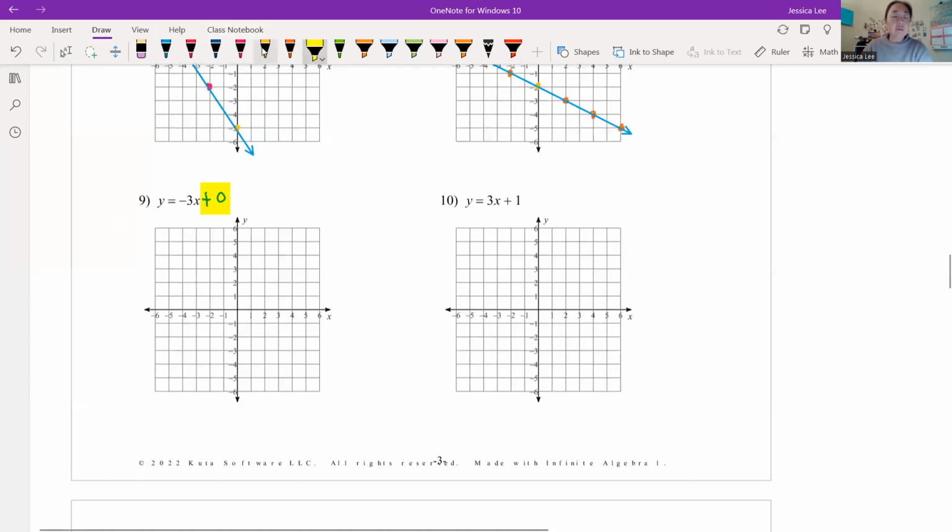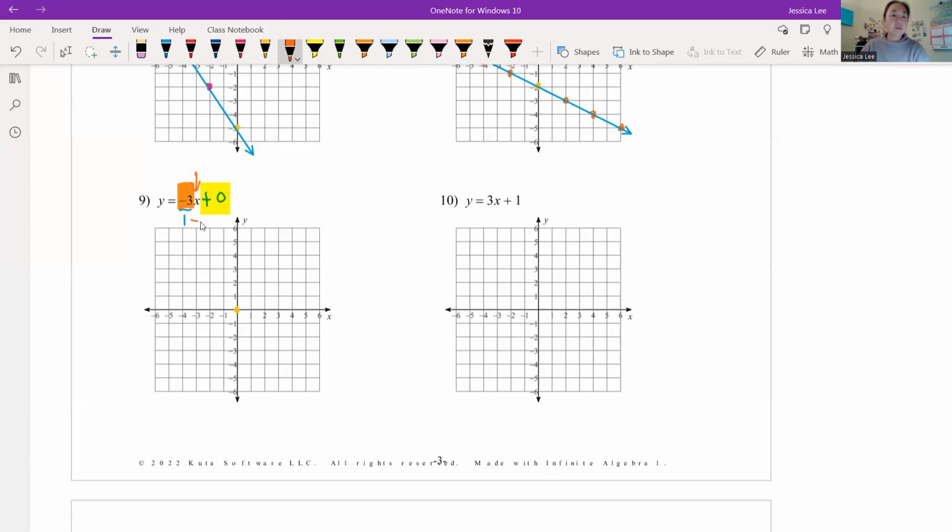Okay, this doesn't happen often, but it does every now and then. So it's going to be right here at the origin. That's where it's going to cross the y-axis. And then our slope, again, if it's just like a negative integer, remember this is over 1. So it's -3, we're going to go down 3.